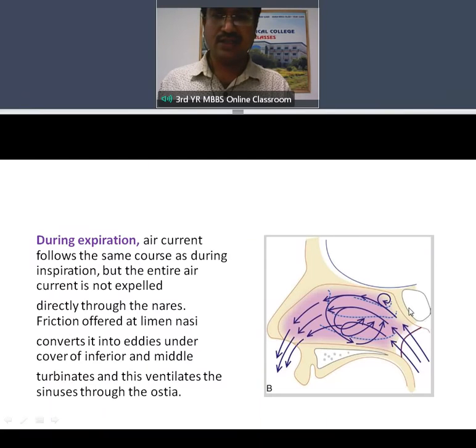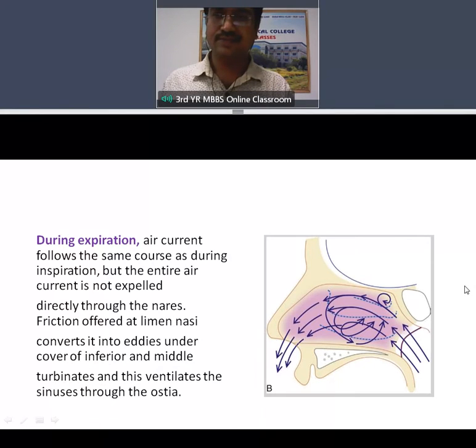All the sinuses open into the nasal cavity. Normally lungs ventilate during inspiration, but the paranasal sinuses ventilate during expiration, the reverse of the lung. This reversal direction of the expiratory air by the eddy currents happens because the air touches this prominence in the lateral wall of the nose and also the anterior ends of the middle and inferior turbinate.